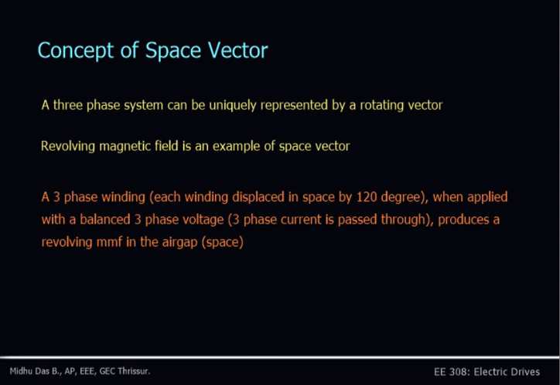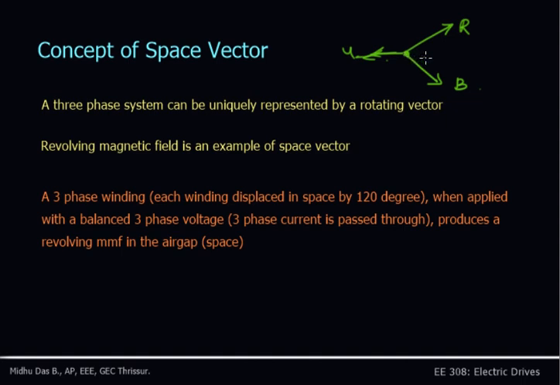So what is the concept of a space vector? A three-phase system can be uniquely represented by a rotating vector. As I said, when we convert three-phase into the two-phase domain, it can be represented by a rotating vector. You know the phasor concept. In the phasor concept, you represent R, Y, B, the three sinusoidal signals which are phase shifted by 120 degrees, as three separate phasors, isn't it?